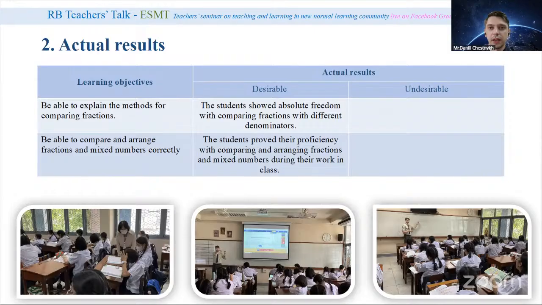And so they showed absolute freedom with comparing fractions with different denominators. They do everything correctly. They compare and arrange fractions correctly. And so they apply all those methods that I teach them during the class, and they eventually come up with the right answer.